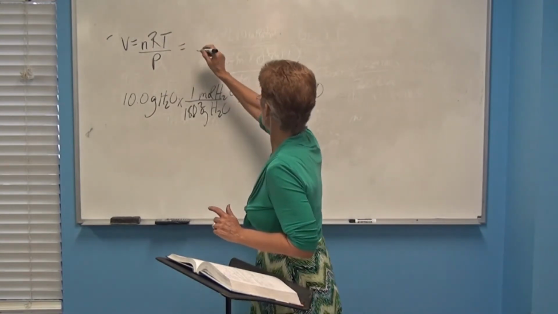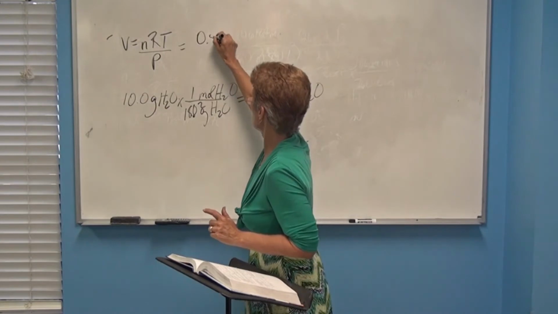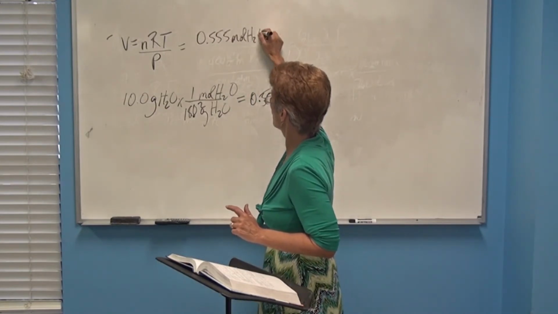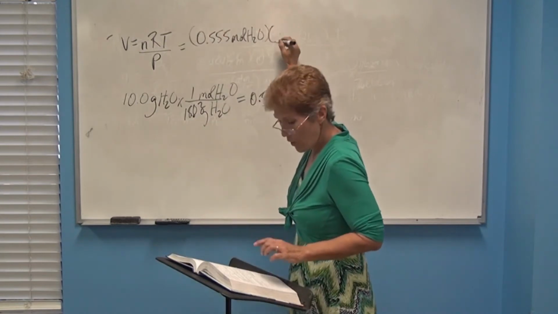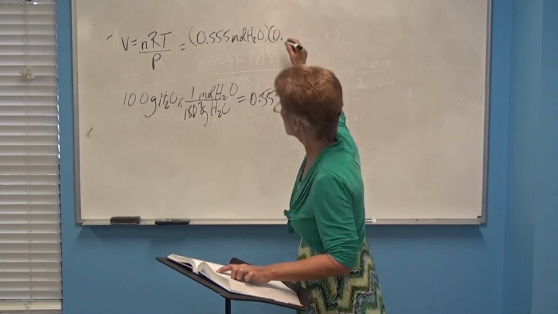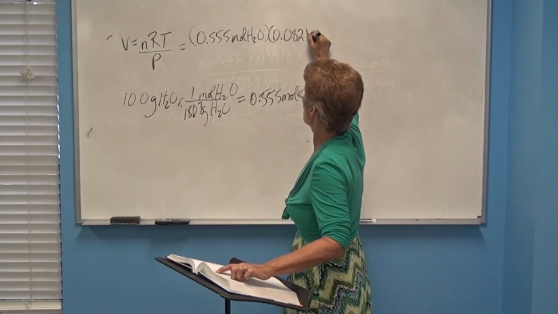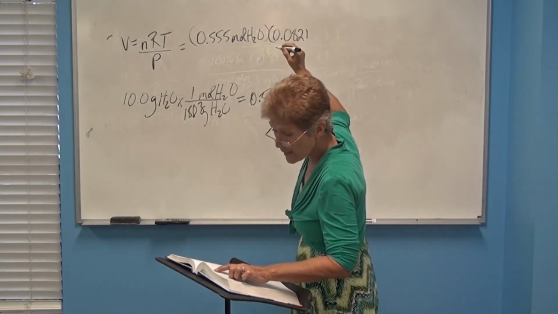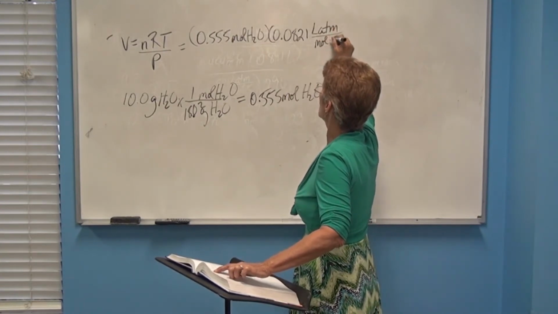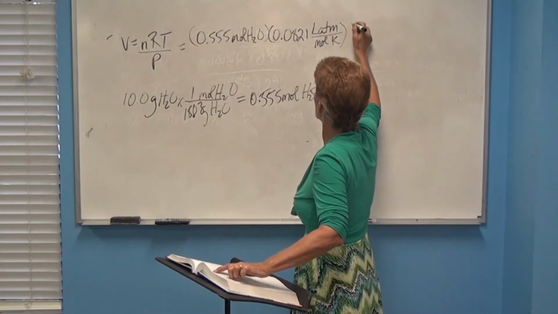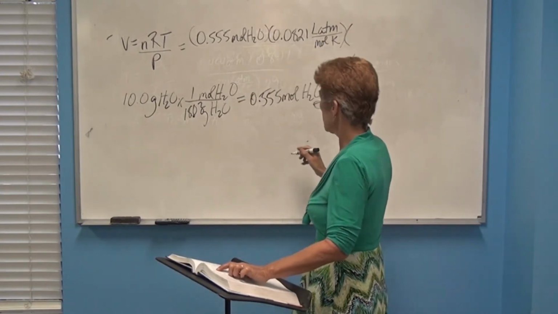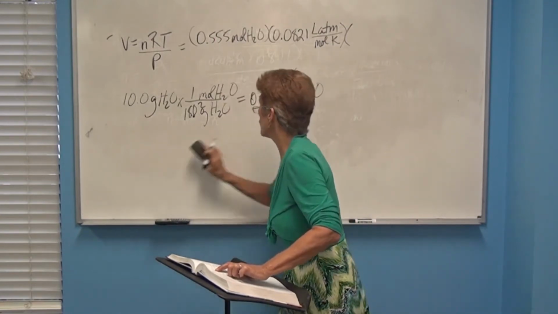So I'm going to put that in, 0.555 moles of water. Okay, R is given to us, so that is 0.0821 liters atmospheres per mole Kelvin. And then the temperature, we're told, woohoo, temperature is high.